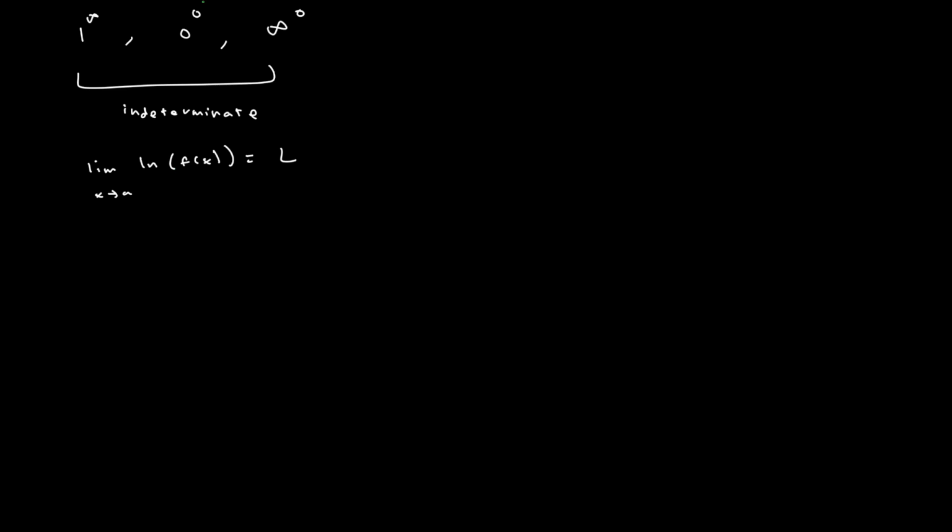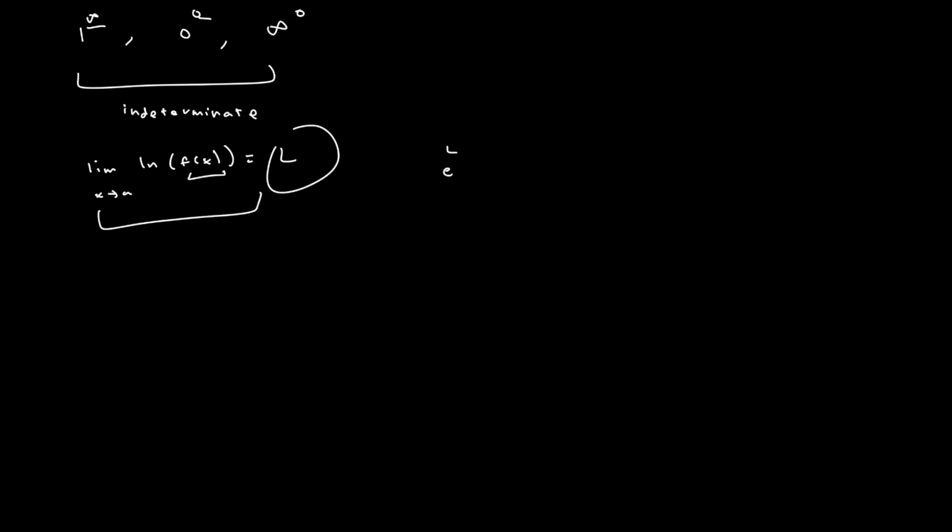And once we get that, we can simply take e to the L, and that will be the limit as x tends to a of f of x. So this rule of limits helps us find the original limit, and hopefully concrete examples make this more clear.